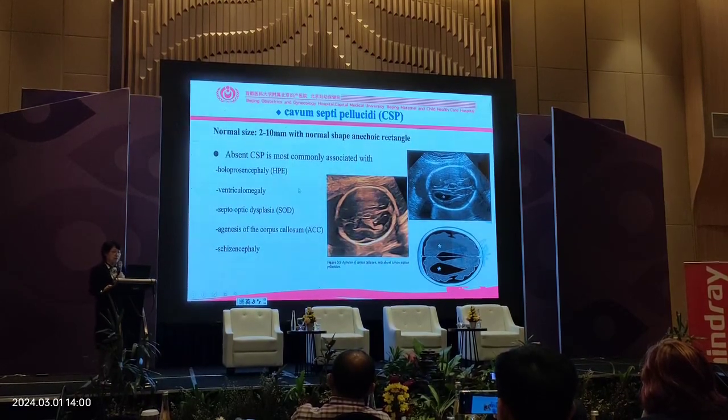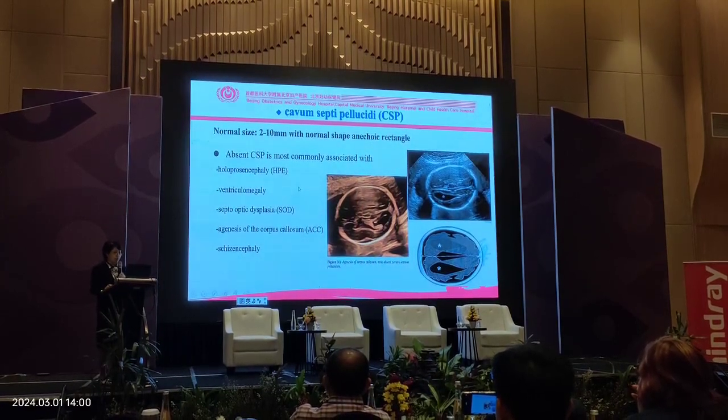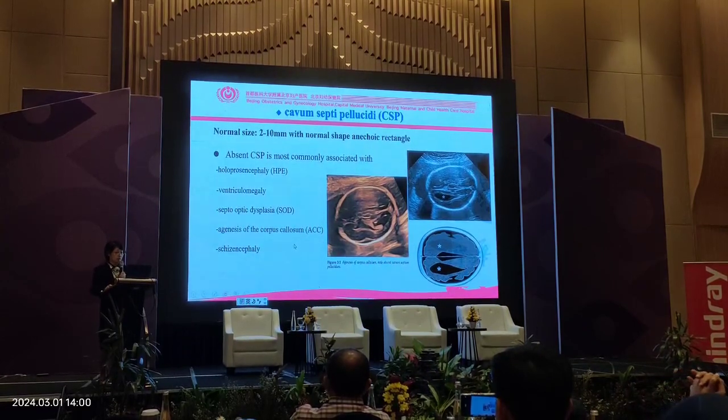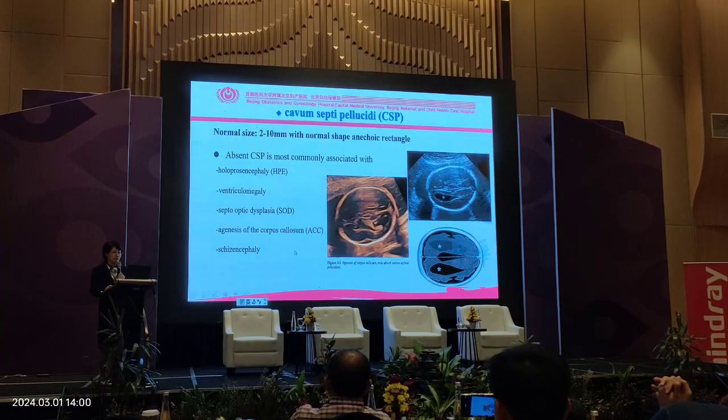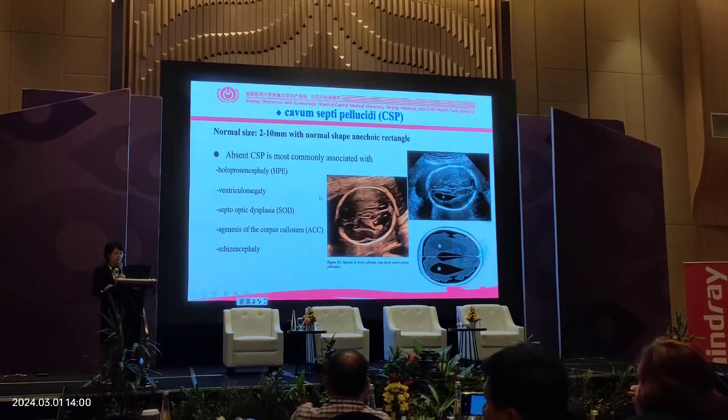But if the CSP is absent, it's most associated with some diseases, for example, holoprosencephaly and ventriculomegaly, septo-optic dysplasia, agenesis of the corpus callosum (ACC), and secondary conditions.